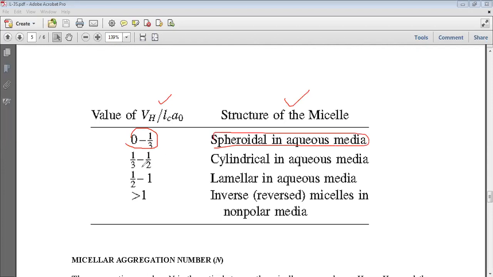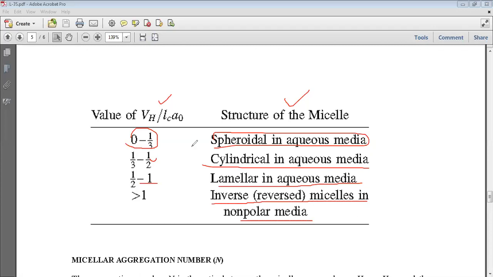If its value is between 1 by 3 to 1 by 2, then it is cylindrical in aqueous media. Similarly, if it is 1 by 2 to 1, it is lamellar in aqueous media. Or if the packing parameter VH upon LC A naught is greater than 1, this is called an inverse or reversed micelle in the non-polar medium.